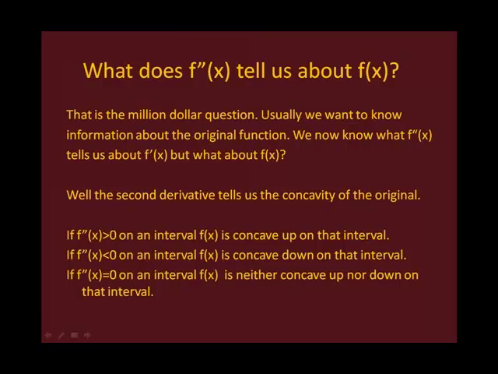If the second derivative is negative on an interval, then the original graph is concave down on that interval. And again, concave down means it looks like a hill. And if the second derivative equals 0 on an interval, then f of x is neither concave up or concave down. When we get into a later chapter, we'll discuss exactly what this point is and how we use it. But for now, you just need to know that it's neither. So let's look at a graph.